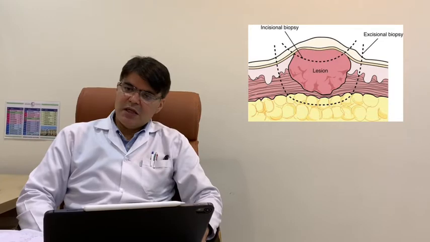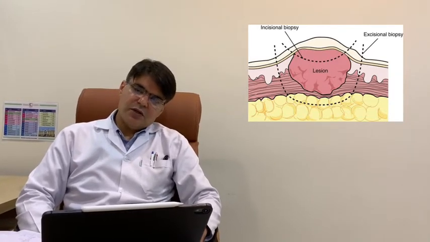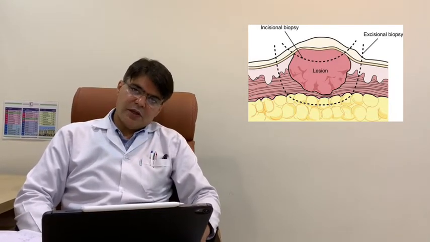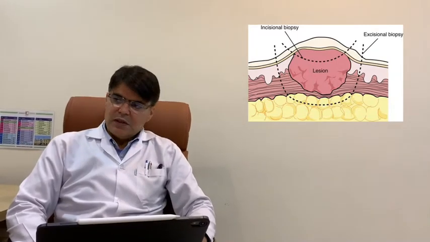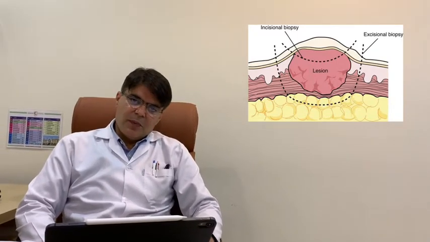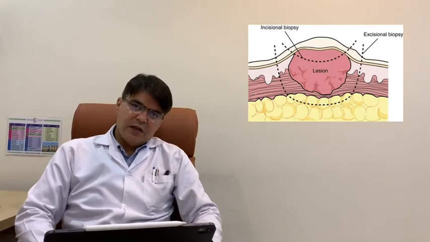Excisional biopsy means if we can, it's better to completely remove the total involved skin, and then to send it for histopathological examination. But if it's not possible, still we can do the incisional biopsy, and after getting the result, we quickly remove the remaining tissue.